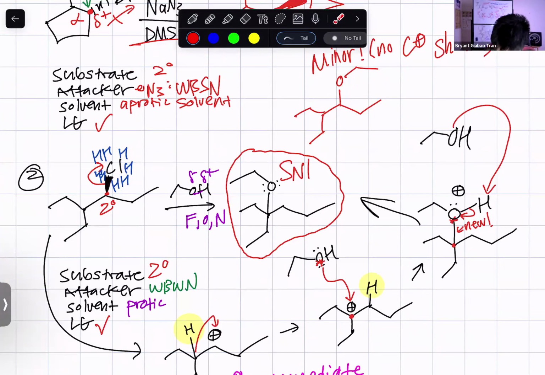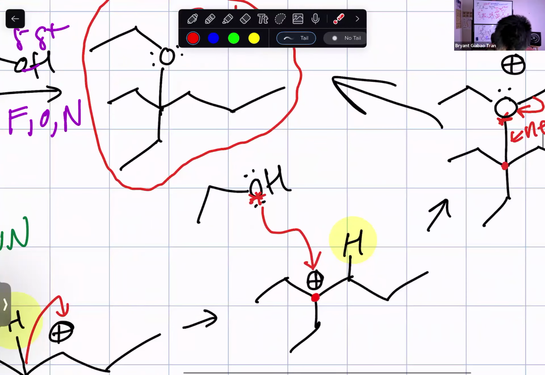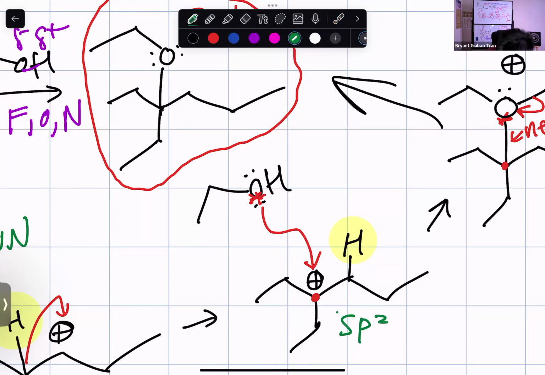Because once we have this carbocation right here, when this nucleophile attacks, first, what is the hybridization of this carbon here? SP, sp2, or sp3? Yep, it's sp2, which means that it is going to be flat and planar.